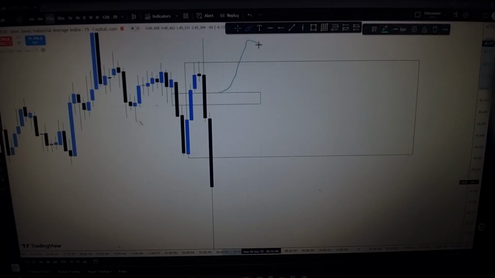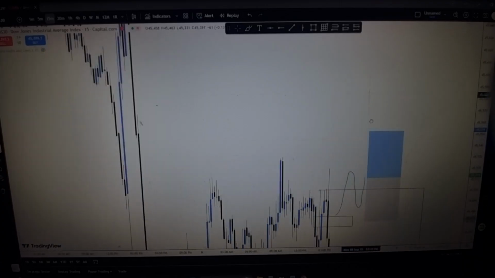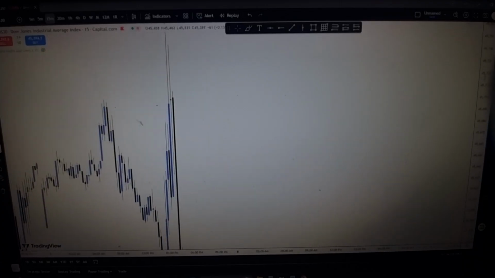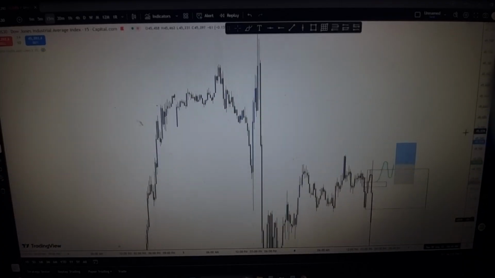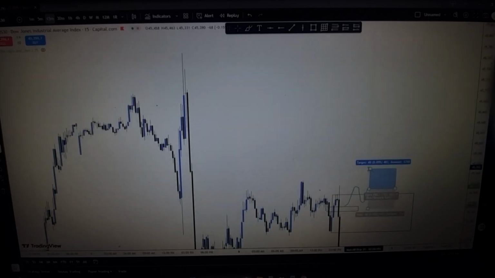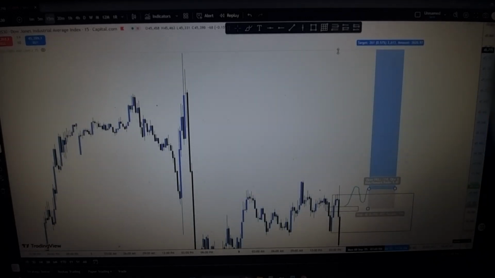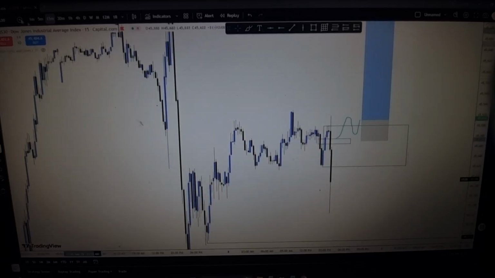Then we're gonna wait for price to come back in here and then take our longs out of these until this will only be our only TP, but that's previous Friday market open, so you see what I mean.